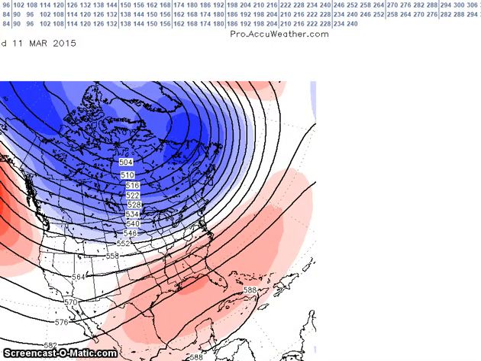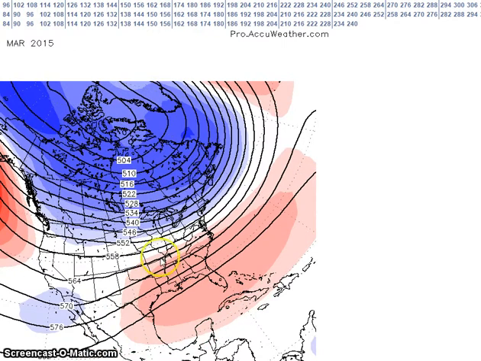Now, on the other hand, the GEFS ensembles have a ridge across this area here, and the trough kind of lifts out, and it leaves more like a zone of flow across much of the nation.